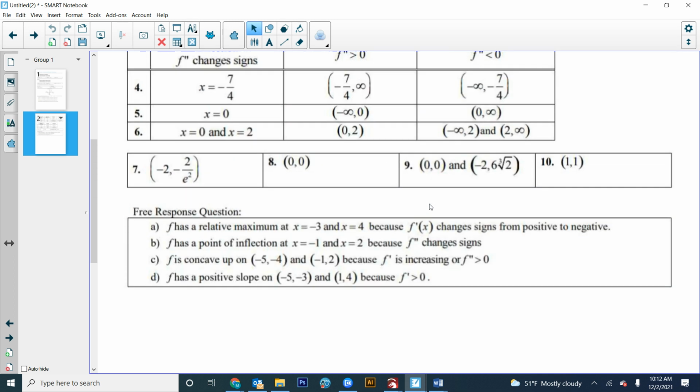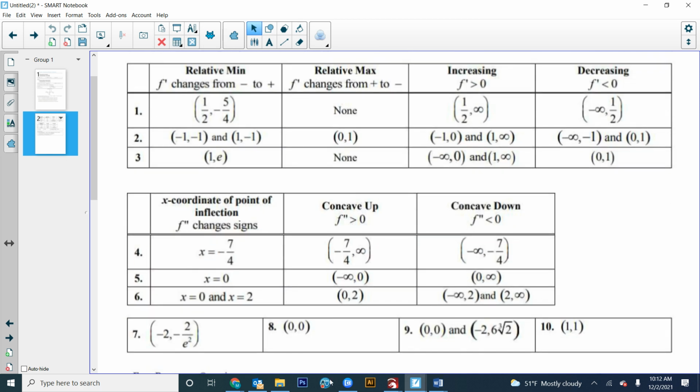Oh, I didn't make you guys do the free response, did I? You can see them all. Which one?